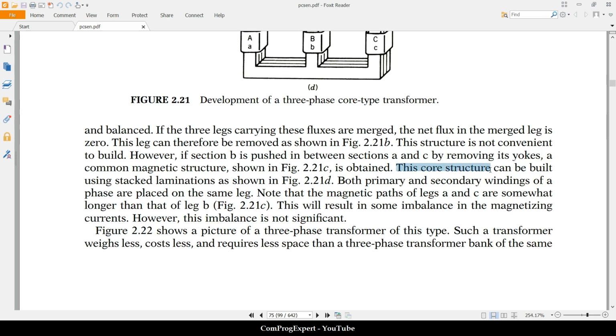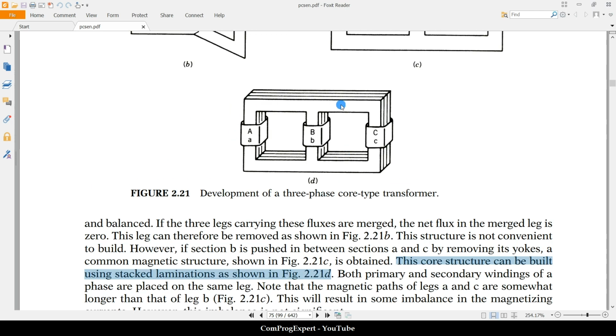This core structure can be built using a stacked lamination as shown in this figure. We can stack up the electric steels and build this core.